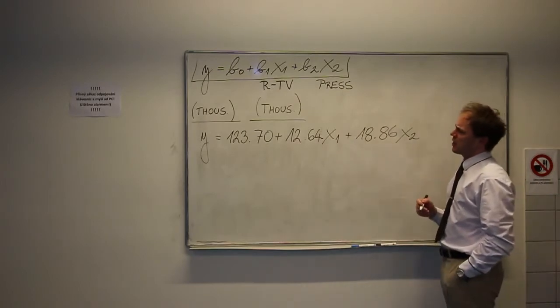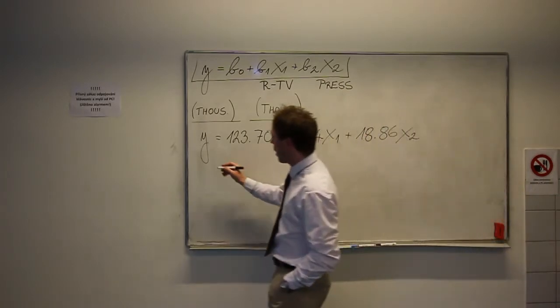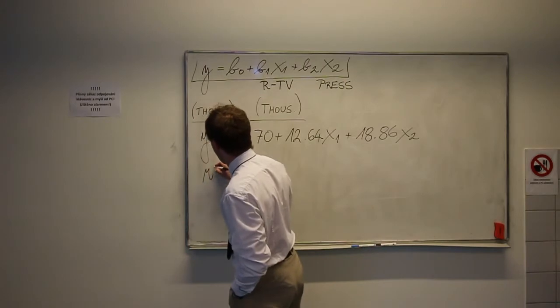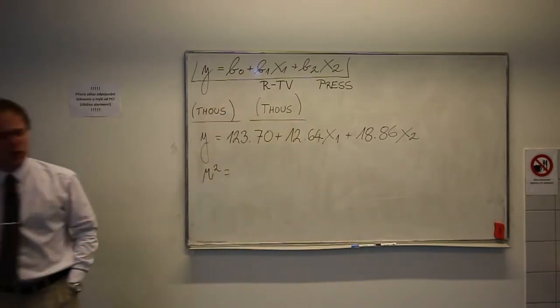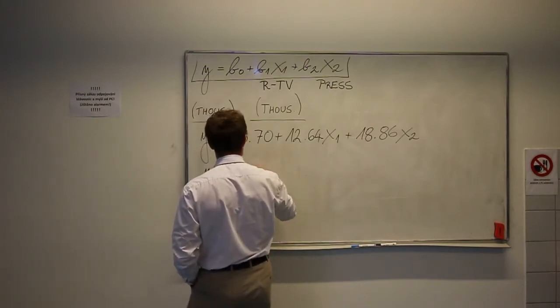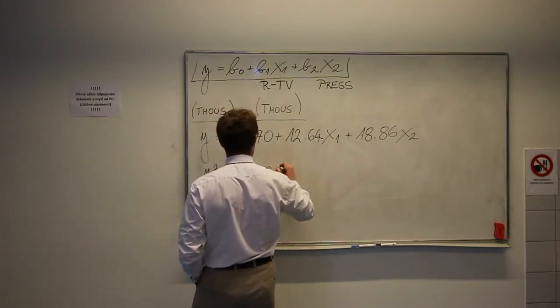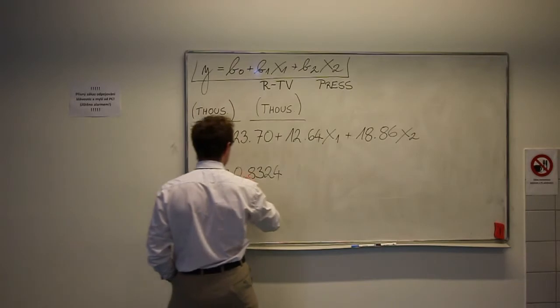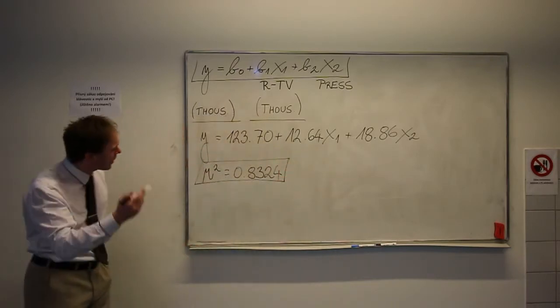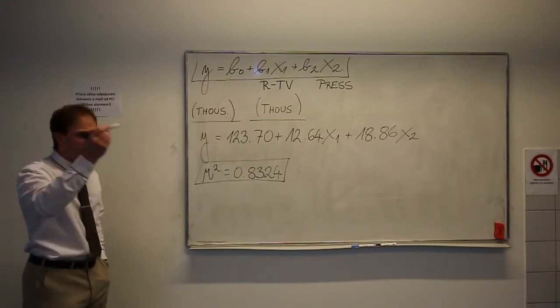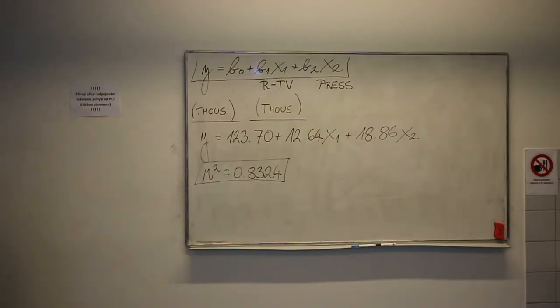So this is our model with calculated R square equal to 0.8324. Yes, this was calculated in Microsoft Excel, and I will check what else we have to do. So please wait a second.